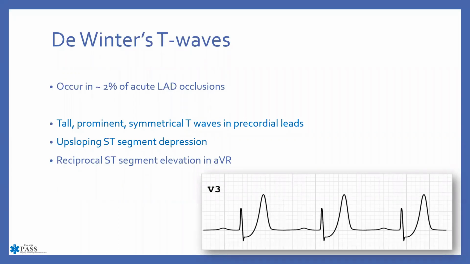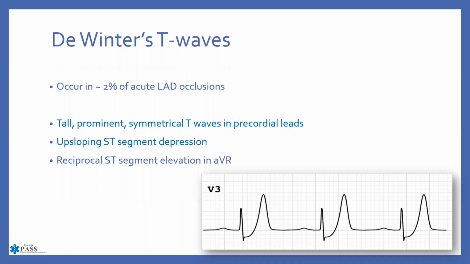And if you see a De Winter's T wave, what I would like for you guys to relate that to is an anterior wall MI. With anterior wall MIs, a lot of times what you guys will find, and this is an experience thing, is anterior wall MIs will look really good. They're pink, they're warm, they're dry, they're talking to you, and then they go into cardiac arrest.